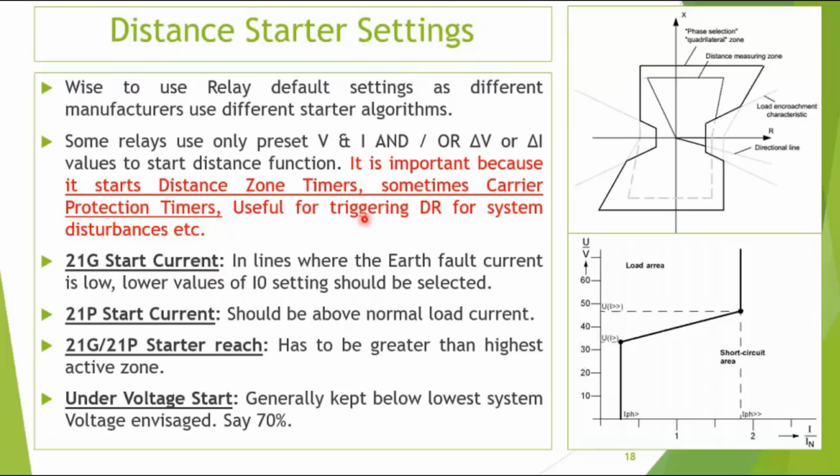Starters are important because sometimes they start the distance zone timers. Sometimes they start carrier protection timers. They can be useful for triggering DR in the system or system disturbances. Starter reaches are larger, so if I have enough number of DRs in the relay, I can use the starter reaches to trigger my DR to understand the nature of disturbances which are occurring far away from this particular relaying location.